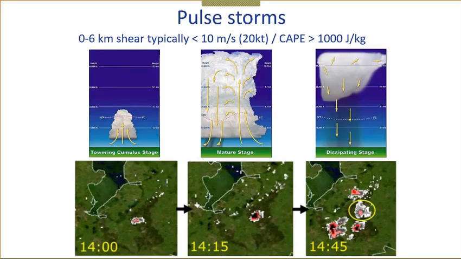And how does it look? In the upper part, you can see more or less the theoretical schemes. And in the lower part, I embedded a few radar images of a single cell convection that happened in the Netherlands. You can see the time frame. It's 1400 hours on the lower left radar image, and then in a few time steps you can see the development of the single cell.